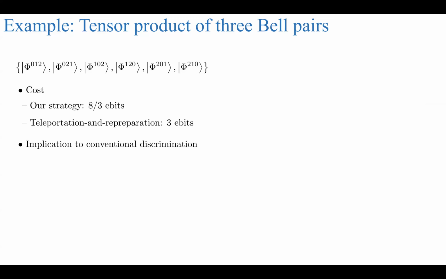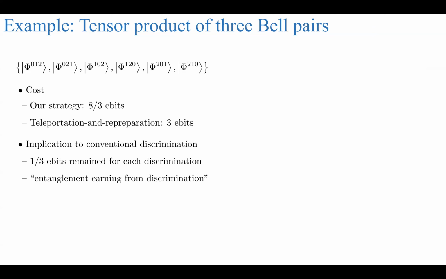This is an interesting example because it has an implication for conventional discrimination from the overall entanglement cost point of view. Let's think that after the discrimination, we have one of the 6 three pairs, which have 3 EBITs of entanglement.